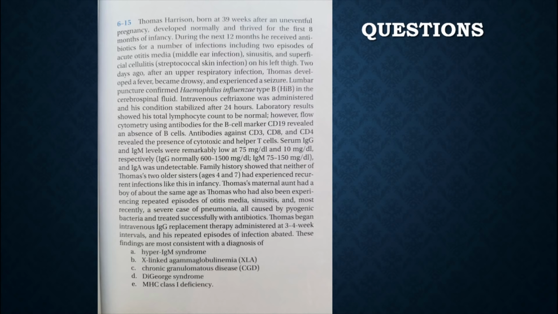For the purpose of this, DiGeorge. Does anyone remember what DiGeorge involves? So DiGeorge, yes, it's CATCH-22. The important part about DiGeorge is that you get thymic involution. You just don't get a thymus that develops.